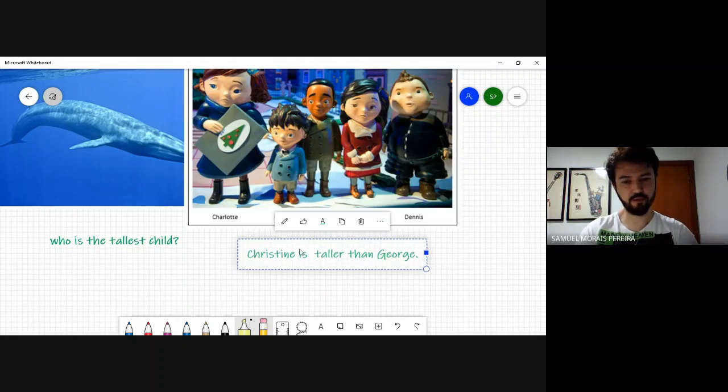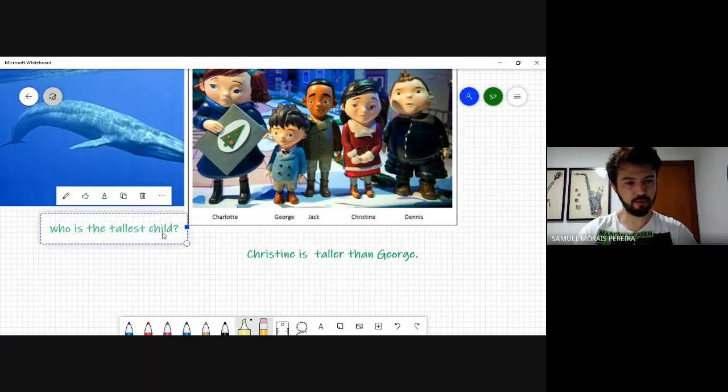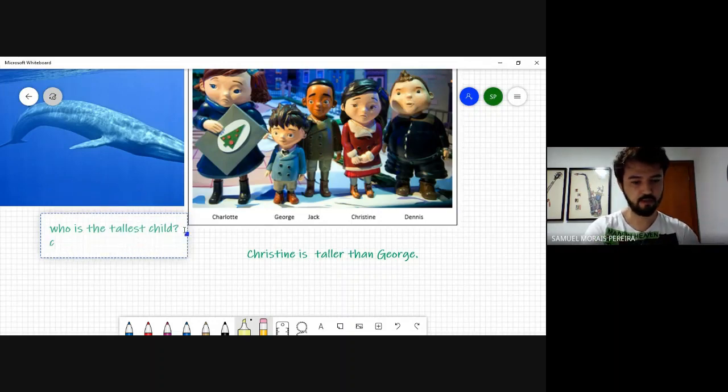Olha só. So, Christine is taller than George. Tá comparando a Christine com apenas o George. Então, se usa o comparative. Quando a Katya respondeu a pergunta Who is the tallest child? A Katya usou essa estrutura, ó, the tallest. Ela disse assim: Charlotte is the tallest of the children.